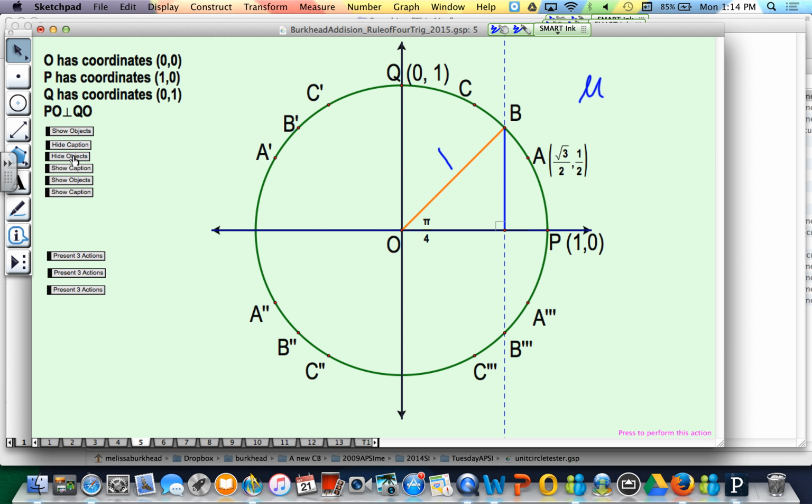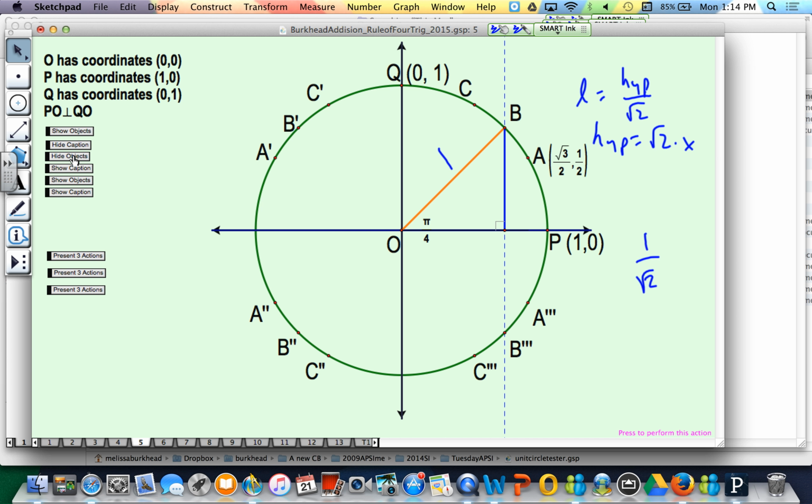Remember, the leg of an isosceles right triangle is equal to what? Well, the hypotenuse is equal to root 2x, right? Root 2x. Does that make sense? So, the leg would equal the hypotenuse divided by the square root of 2. Y'all with me on that? So this leg is going to be 1 divided by the square root of 2.